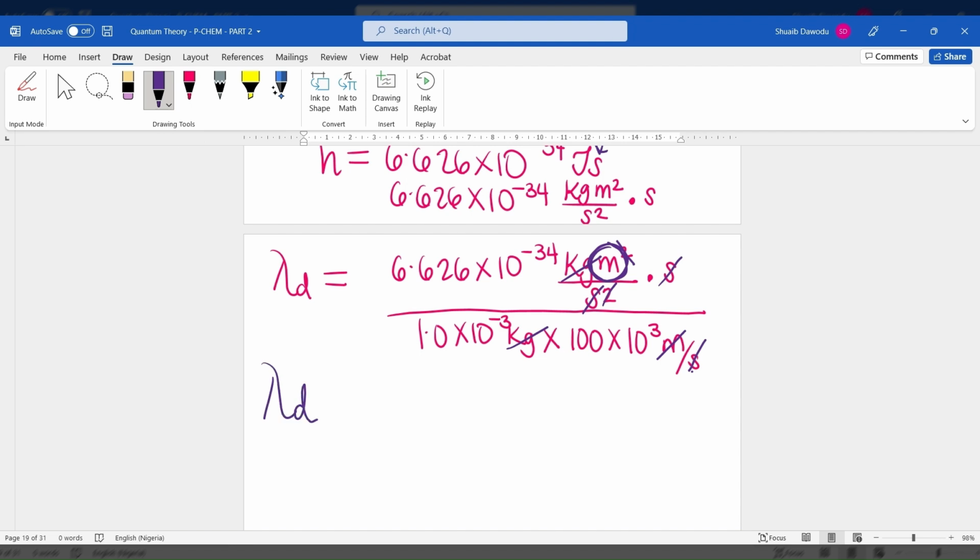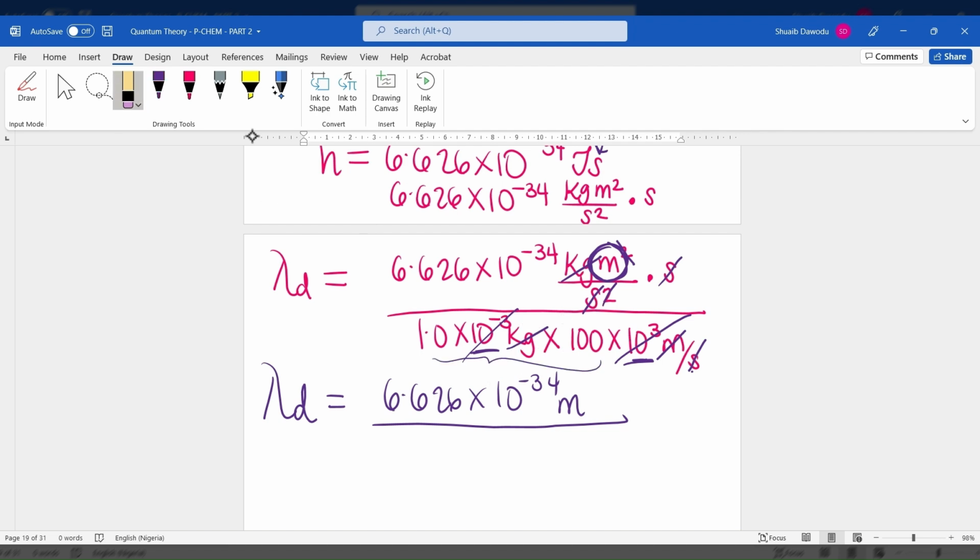So lambda sub d is 6.626 times 10 to the power of negative 34 meters divided by 1.0 times 10 to the power of negative 3 times 100 times 10 to the power of 3. If you know your math very well, you can simply cancel the powers of ten. If it's going to be confusing to you, you can just multiply everything in the denominator on your calculator.